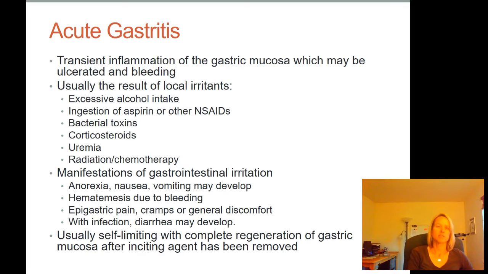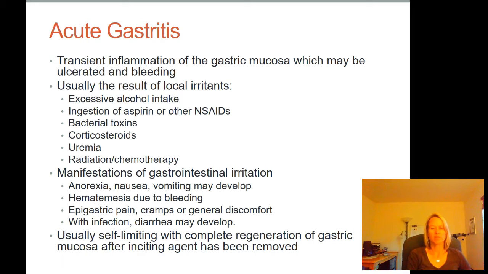Acute gastritis is where we have transient inflammation of the gastric mucosa, and this may lead to ulceration and bleeding. It's usually a result of local irritants such as excessive alcohol intake, ingestion of aspirin or other NSAIDs, bacterial toxins, corticosteroids, uremia, or radiation and chemotherapy.